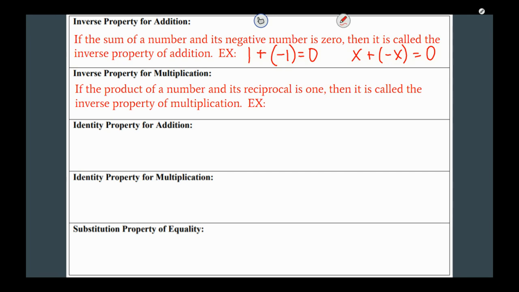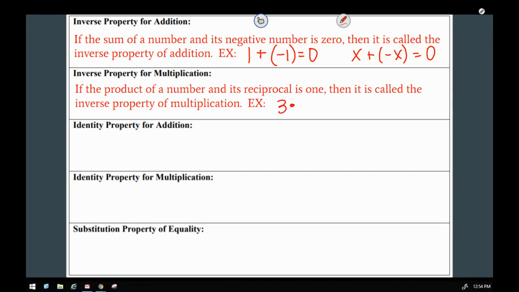Okay, so 3 times what is gonna give me 1? Anybody? Okay, what about x times what is gonna give me 1? 1 over x. Okay, so that's inverse. It's the opposite of whatever you're talking about.